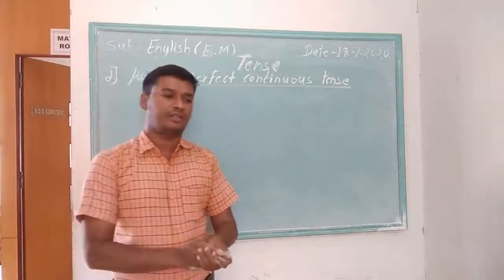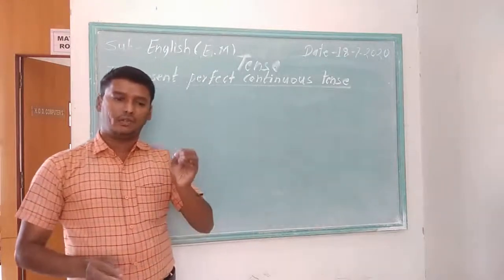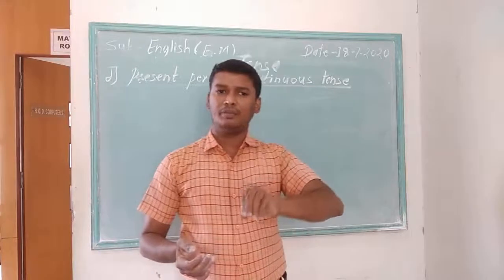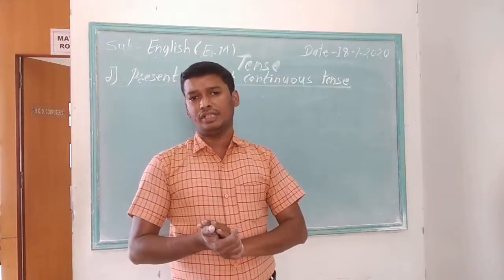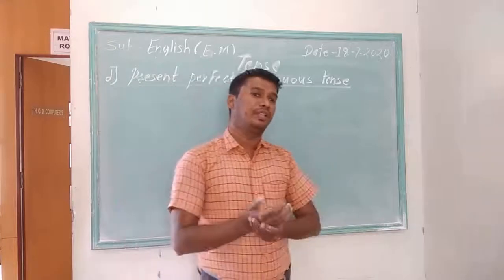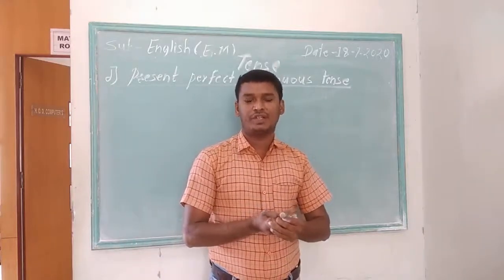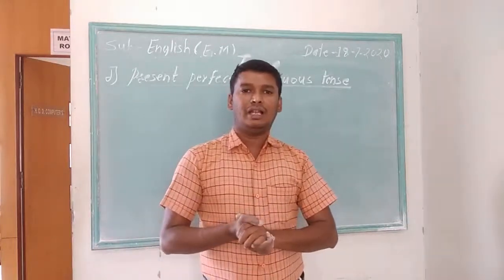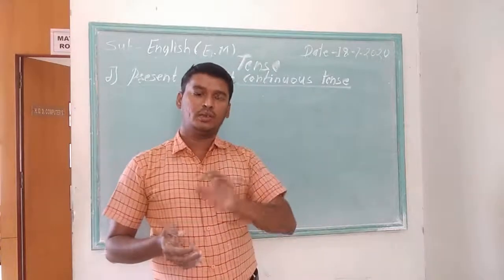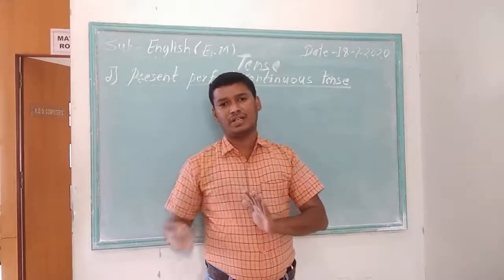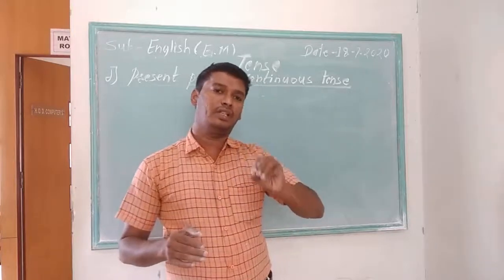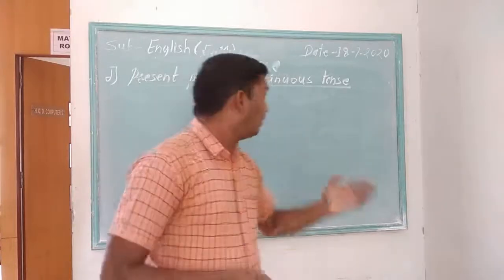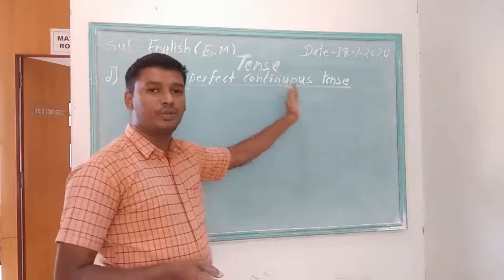If one action started at a particular time in present and the same action is going on at the time of speaking, then for such an action we use present perfect continuous tense. Suppose you started your study at 10 o'clock today and you are still studying, then this action is an example of present perfect continuous tense.